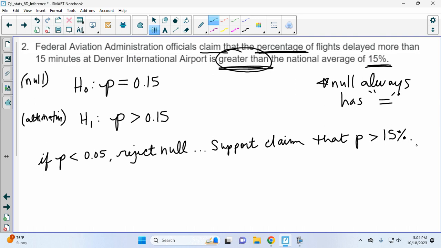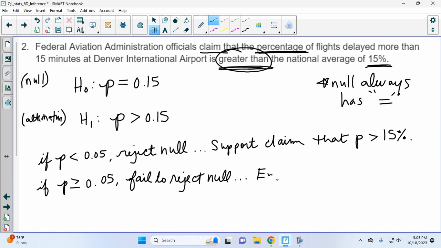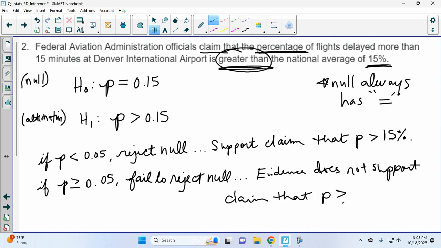You reject the null, you support the claim. If the p-value was greater than or equal to the 0.05 level of significance, we fail to reject. We do not reject the null, and therefore evidence does not support the claim that the percentage is greater than 15%.